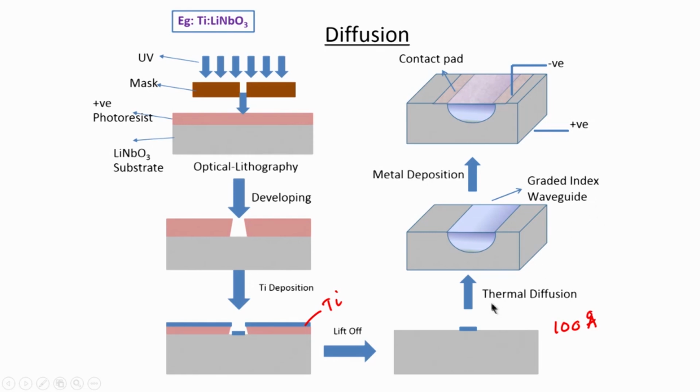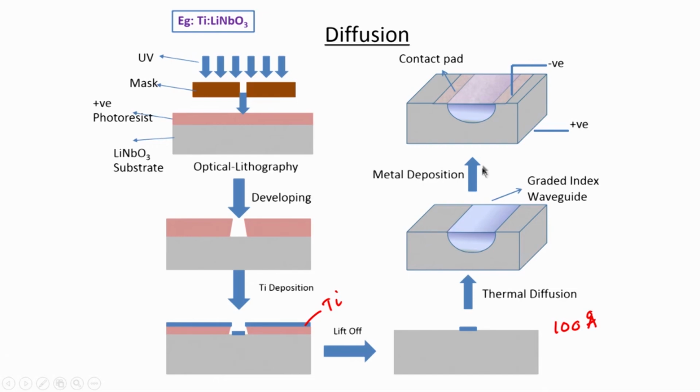Now this process is called thermal diffusion. You put the wafer in a furnace with controlled temperature and allow it to diffuse. The final result is a diffused optical waveguide like this. Once again, this results in a gradient index optical waveguide in lithium niobate.